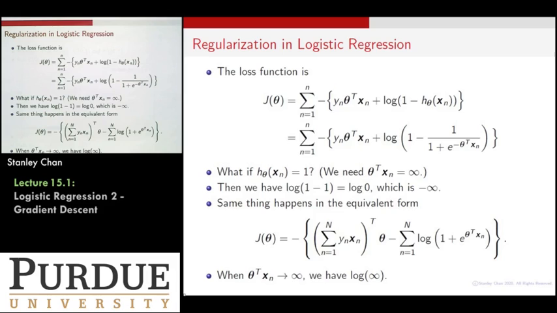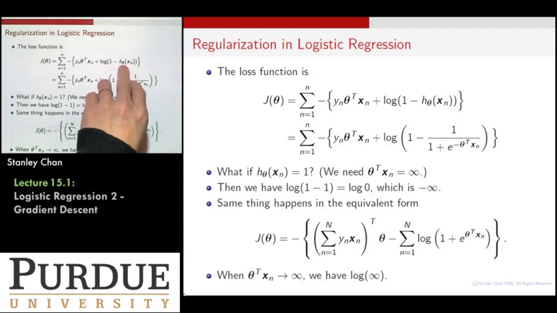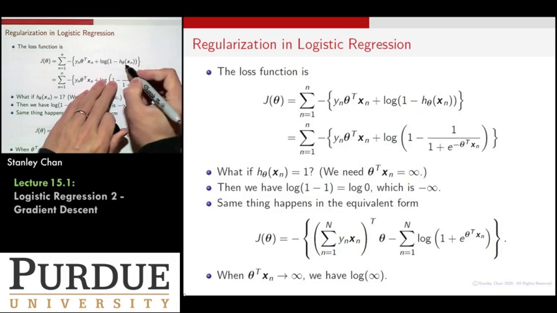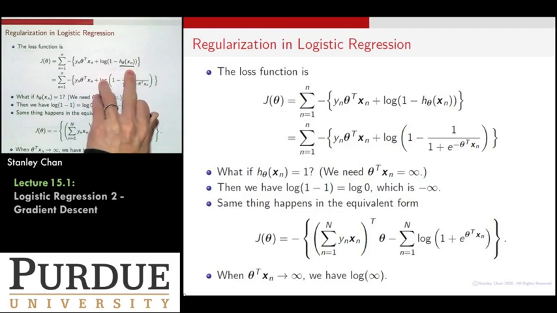Okay, however, when you try to write this gradient descent algorithm, there will be some issues that you may encounter. This happens especially when this term is getting very, very close to 1. You look at this loss function. It has a term of log of 1 minus hx. So if for whatever reason hx is close to 1, then you're taking log of 1 minus 1, and that's log of 0, and then log of 0 will go to minus infinity.